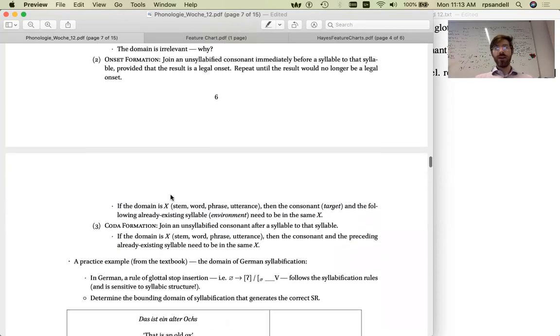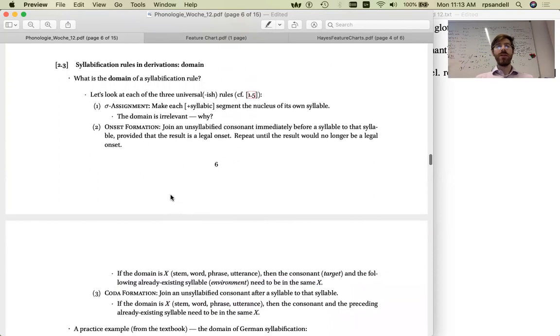So in effect, adding information about the domain of onset and coda formation will tell us whether or not segments that belong to other morphosyntactic words or different morphosyntactic parts can be placed into different syllables.